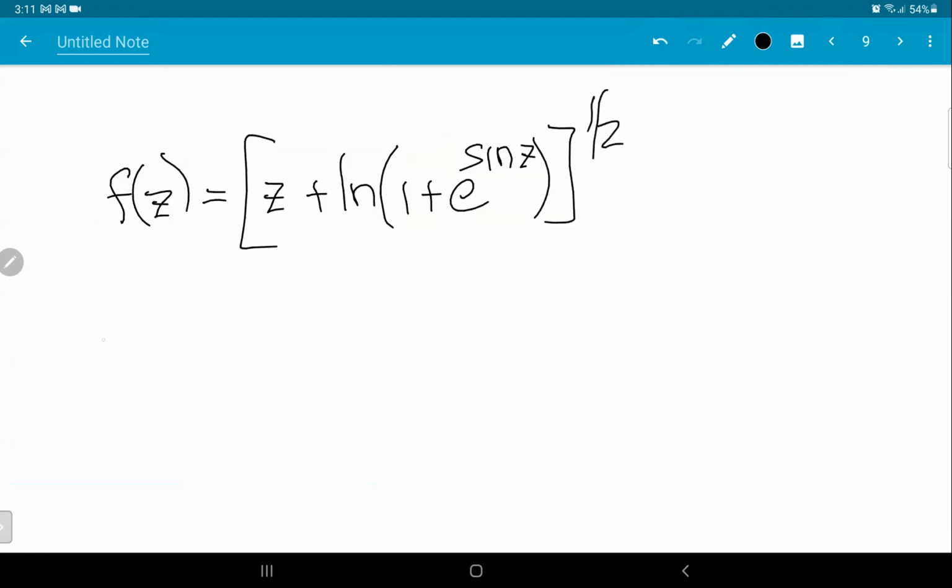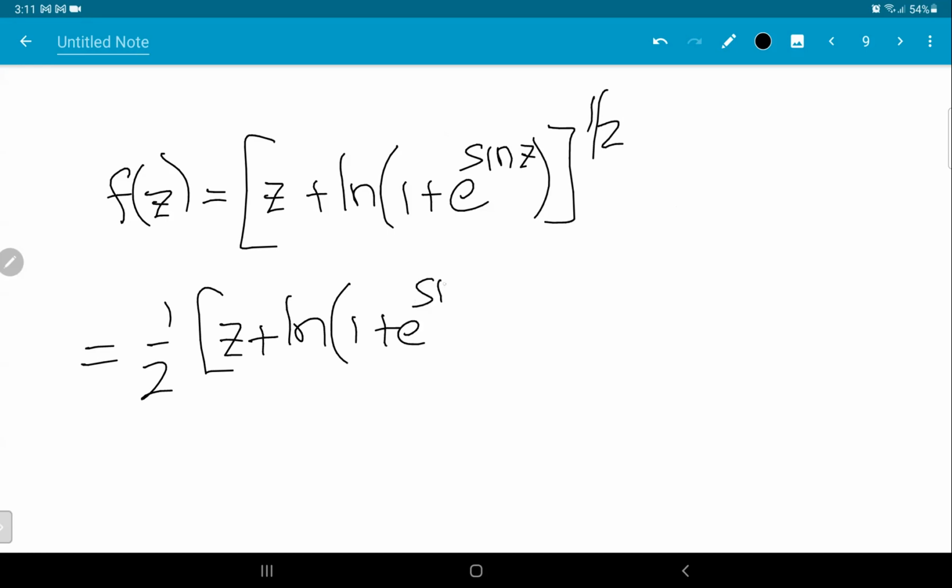So power rule first, chain rule for powers: bring down, then subtract 1, and then differentiate the base, term by term. Derivative of z is 1.